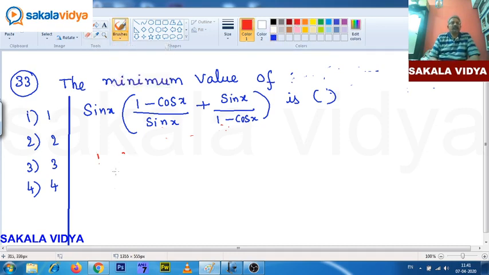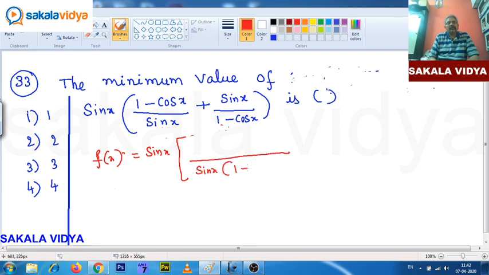So, now let us do it. Say f of x is sin x into, here we have sin x into (1 minus cos x).